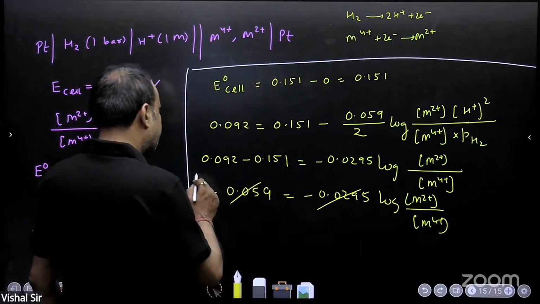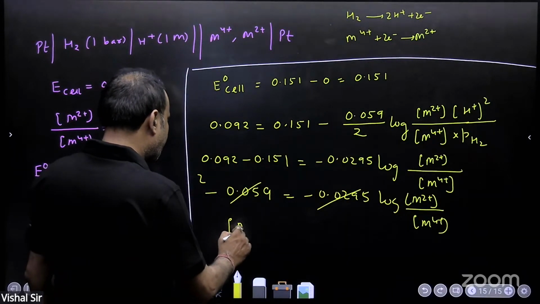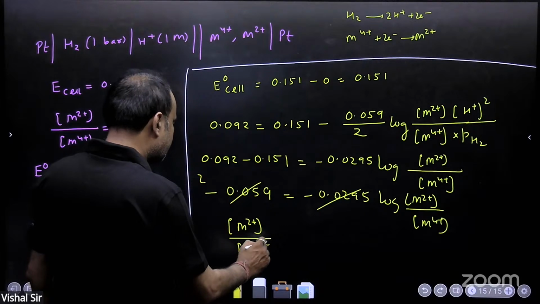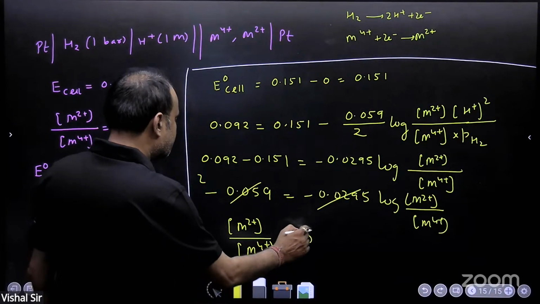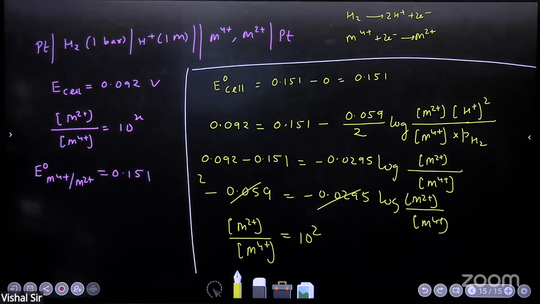So this whole cancels, giving me 2. So M2 plus upon M4 plus is 10 raised to 2. That's what you needed to find. The value of x. X will be 2.